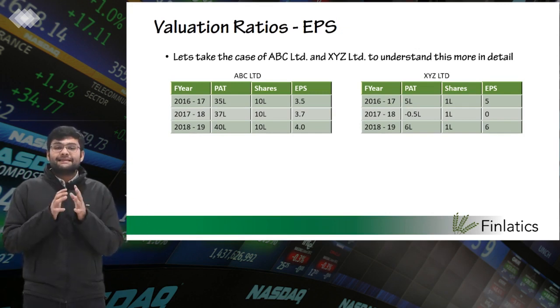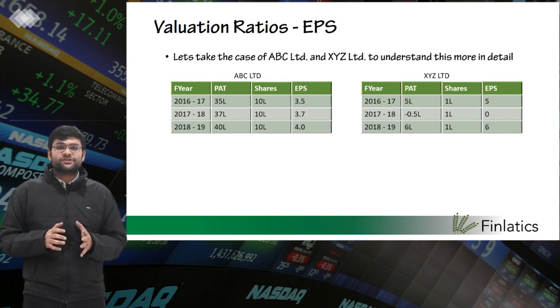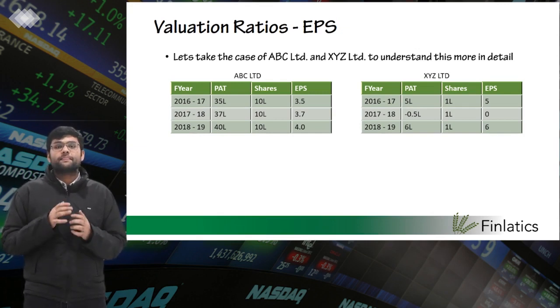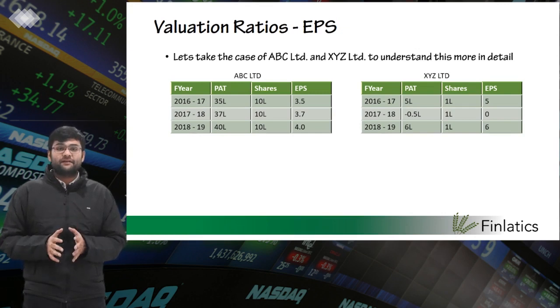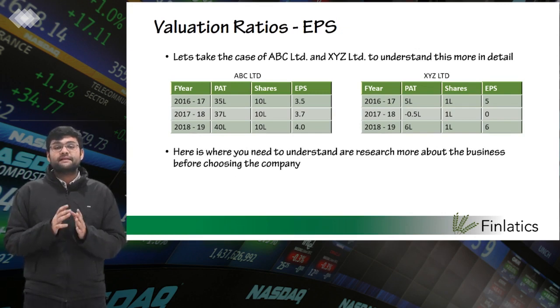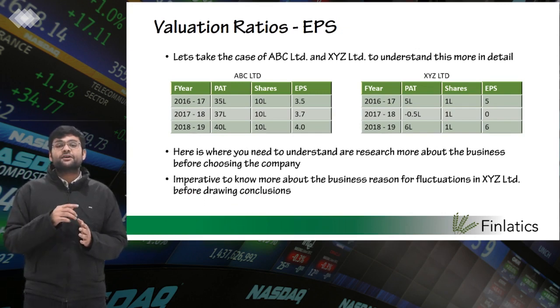These are cases in which gauging becomes really tricky. Therefore, it's imperative to understand the reasons behind the fluctuation in the case of XYZ before gauging which company is a better stock to invest in.